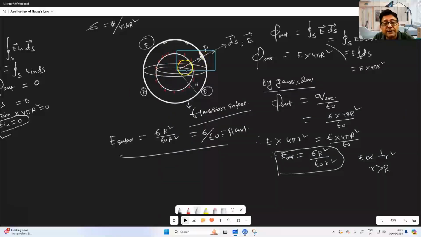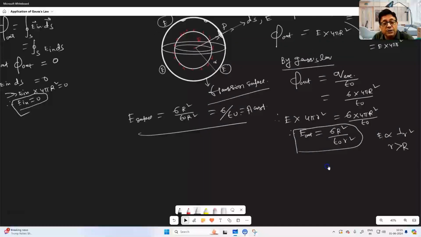But on the surface, it is sigma by epsilon 0, constant. And from there, sigma R square by epsilon 0 r square, r goes on increasing. So E falls off rapidly. So the graph is going to be like this.